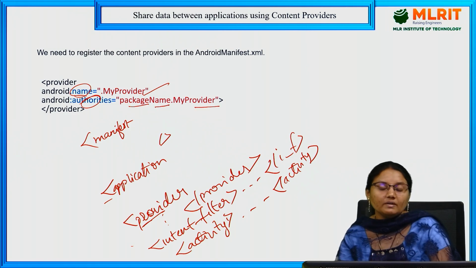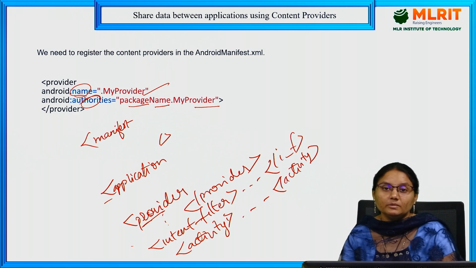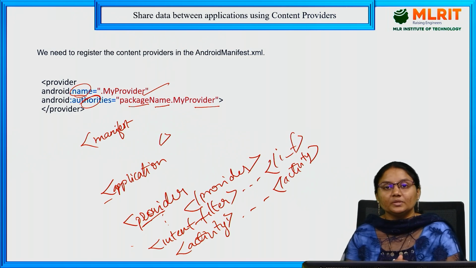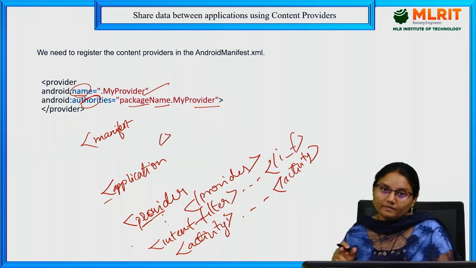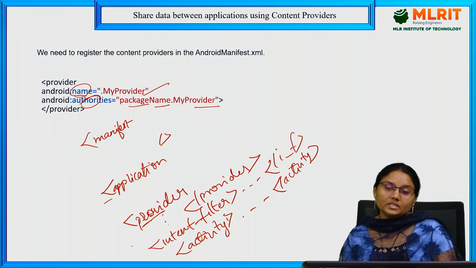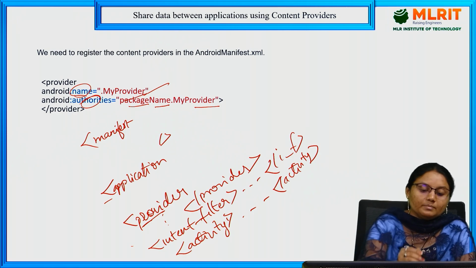Just as we gave a separate database, mydb.java, in the same way you need to go to your package name, go to Other and Content Provider, and you will get the content provider window. Whatever name you give, that will be dot my provider here.